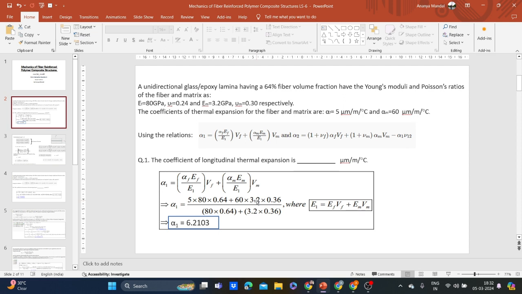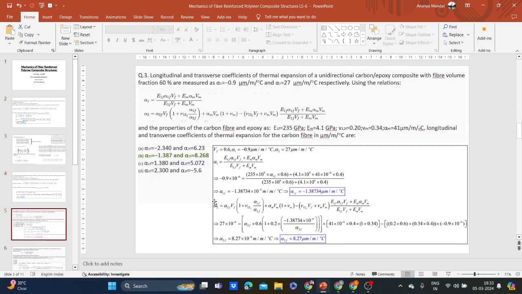If this first term gets lesser, then the whole alpha 1 will not be negative. Yes, ma'am, but I have solved it and it was negative. Then the coefficient of longitudinal thermal expansion also comes negative, ma'am. It is possible to come negative here. It can come negative also.